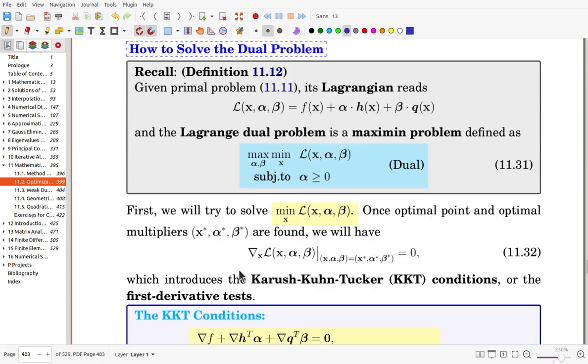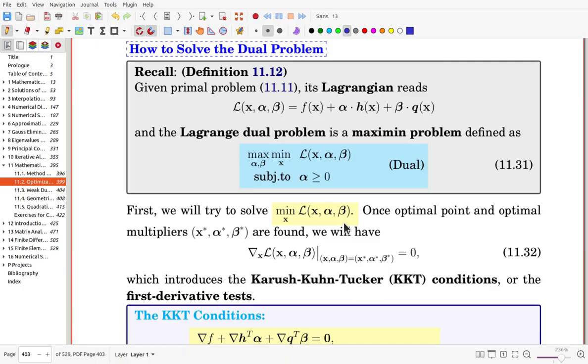Now we'll close the section with how to solve the dual problem. Look at this definition we considered earlier, where the Lagrangian is defined in this way. Its dual problem is formulated as this maximum problem. To solve this dual problem, we first consider this minimum part.